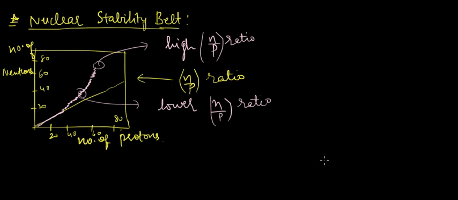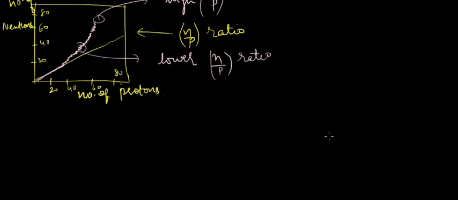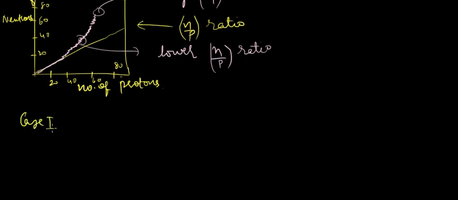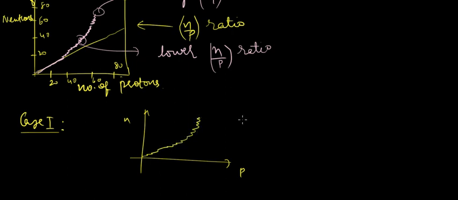First, let's discuss the cases. Case 1: the graph of N versus P looks something like this. In the first case we are seeing a stable one.